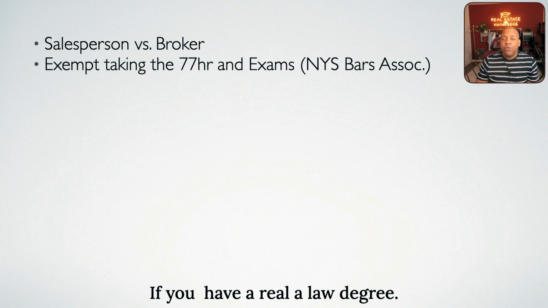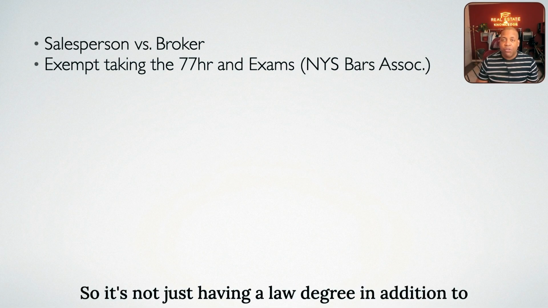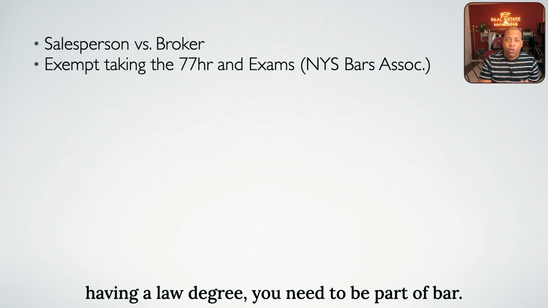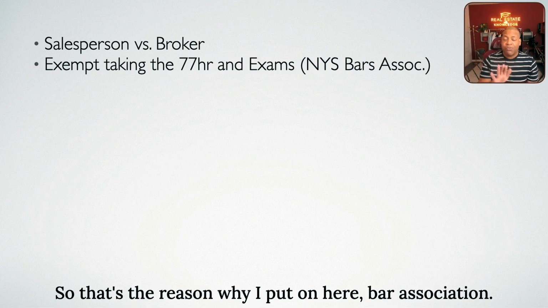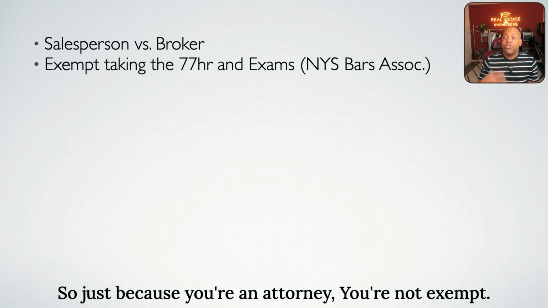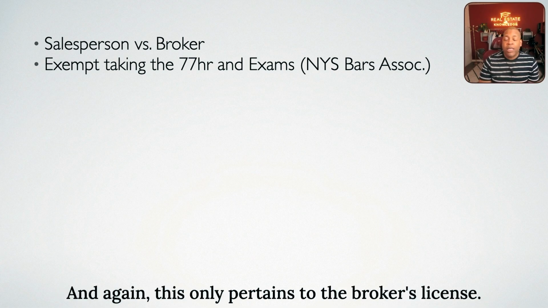If you have a law degree, it's not just having a law degree. In addition to having a law degree, you need to be part of the bar. That's the reason why I put Bar Association on here. Just because you're an attorney, you're not exempt. And again, this only pertains to the broker's license.